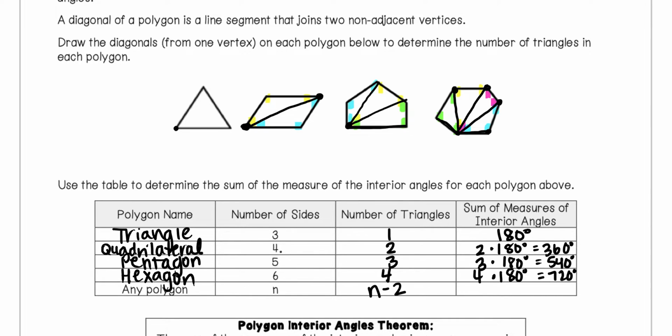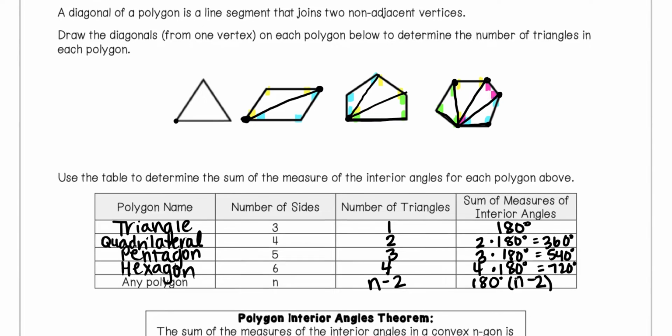Whatever the sides are, if you subtract 2, that's how many triangles can be created inside of it. So if I wanted just a general formula to find the sum of those measures of interior angles, I would take 180 degrees times the number of triangles, which would be represented as n minus 2, because it would be however many sides minus 2 because of this pattern that we have seen. And that's how we could find the total sum of those measures.